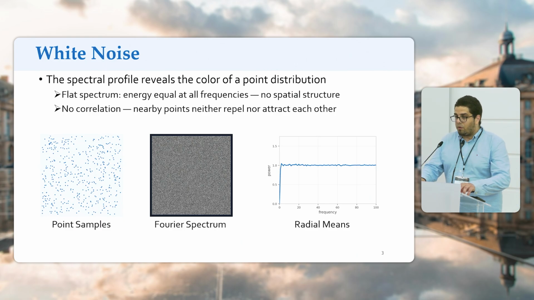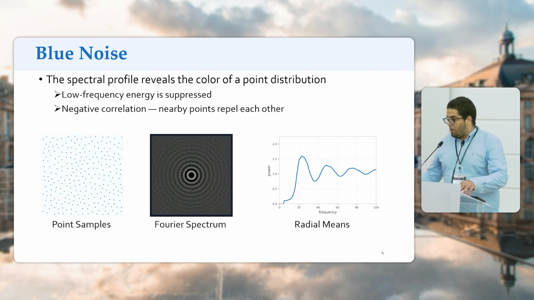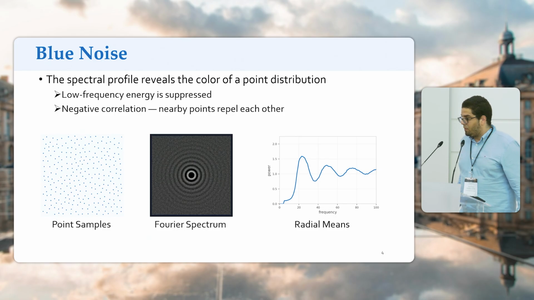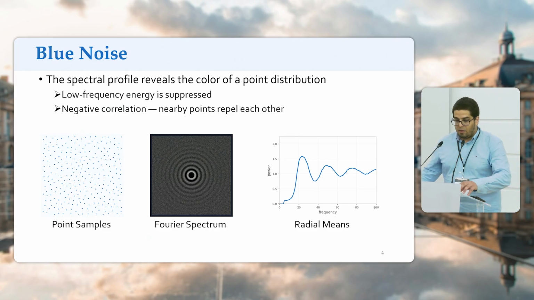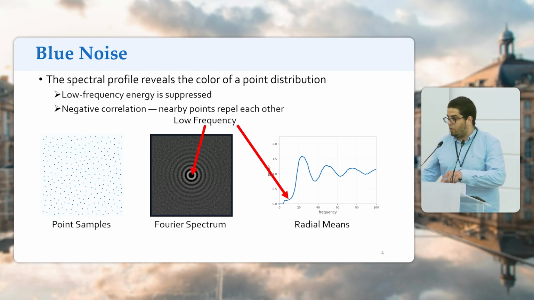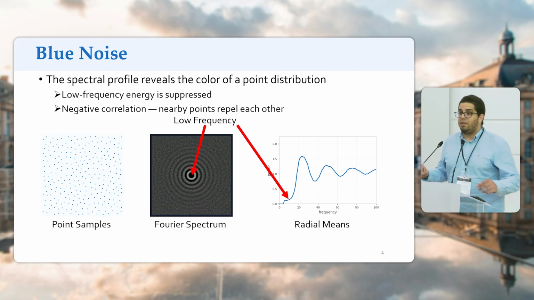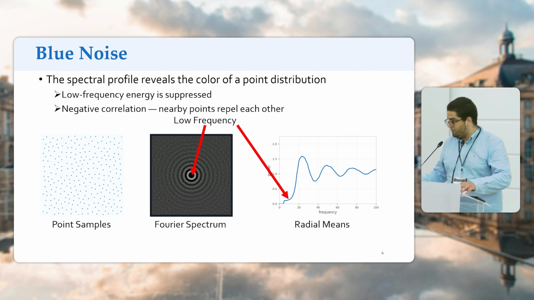That means that there is no correlation between the points. But blue noise, on the other hand, as I mentioned before, suppresses the low frequencies. That means that we have a hole in the power spectrum center, and the energy is concentrated in the high frequency. And actually, that's the reason the name is blue noise, if we do the analogy with the visible spectrum.